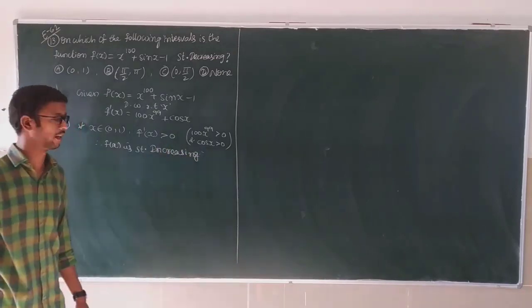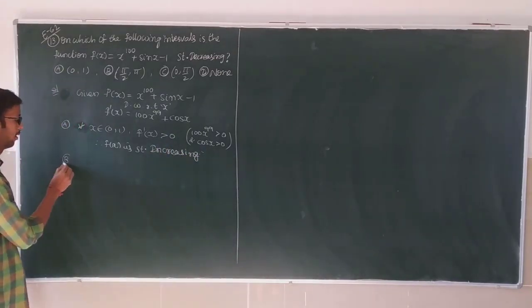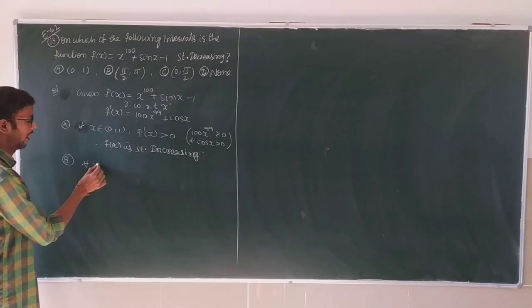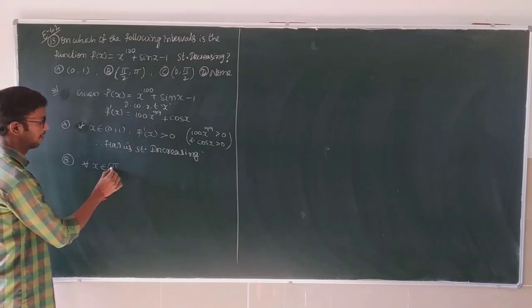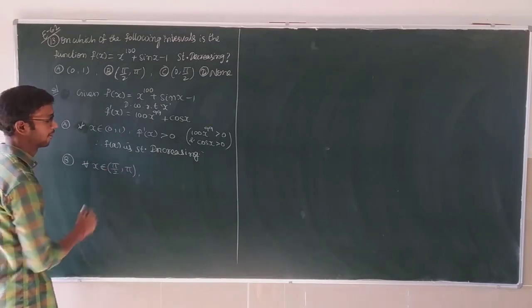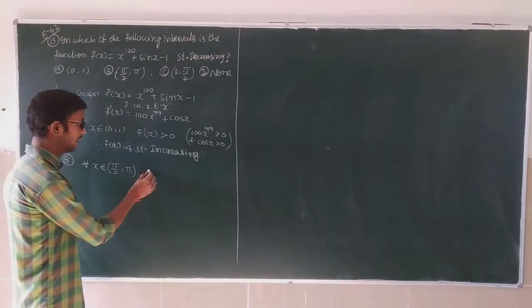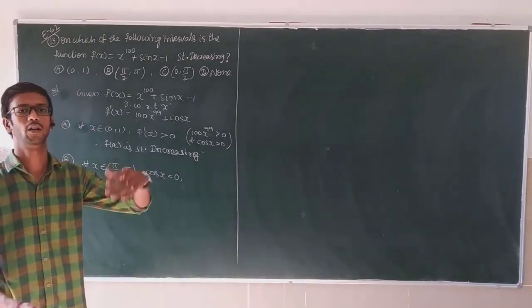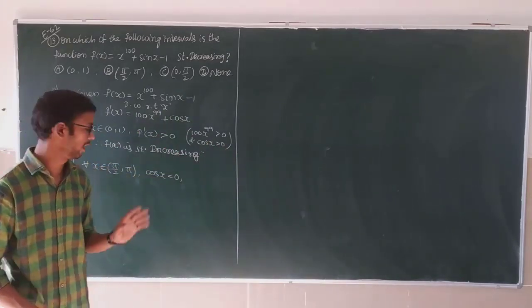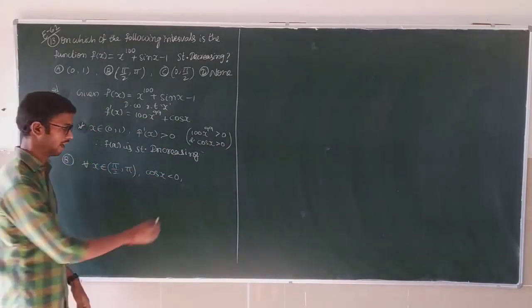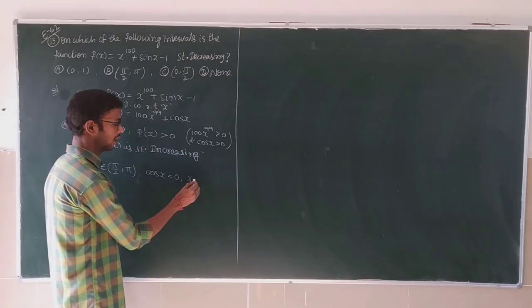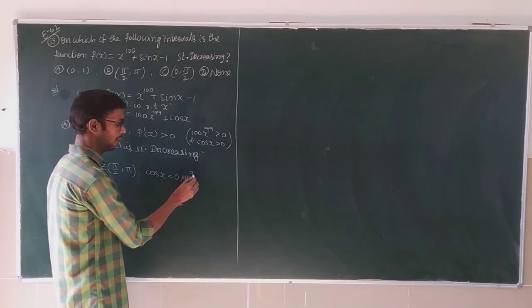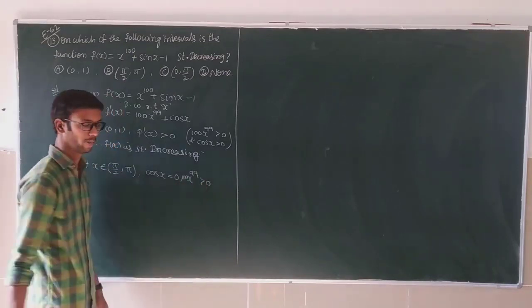Next, B. For every x belonging to pi by 2 comma pi, cos x value is less than 0. From 90 to 180, the cos value is negative. 100 into x power 99 is positive.